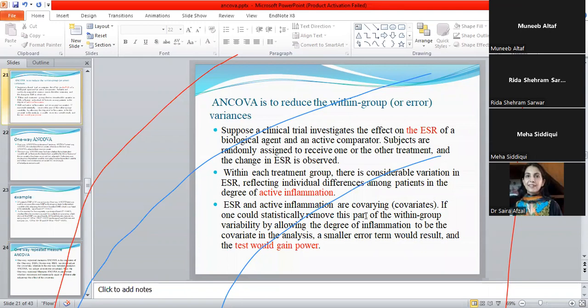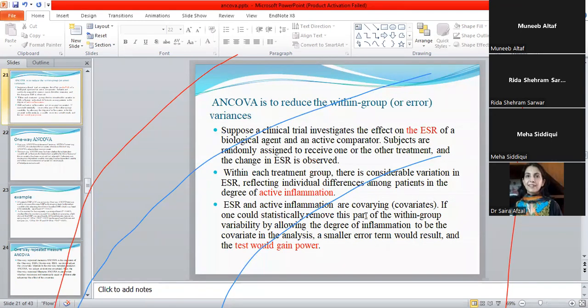ANCOVA is also used to reduce the within-group variance or error. Suppose a clinical trial investigates the effects on the ESR of a biological agent and an active comparator. Subjects are randomly assigned to receive one or the other treatment, and the change in ESR is observed. Within each treatment group, there is considerable variation in ESR, reflecting the individual differences among patients in the degree of active inflammation.